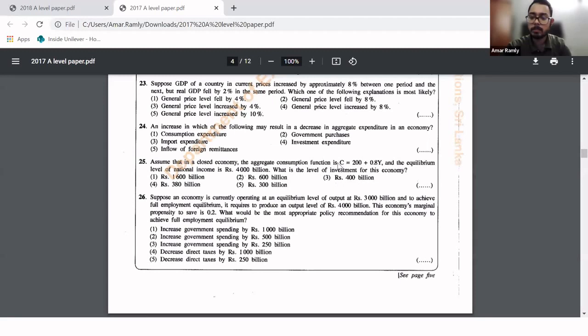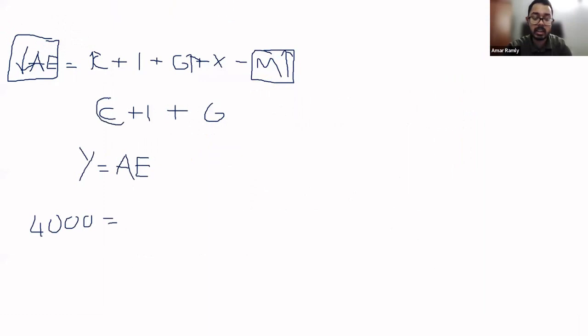C, but you can't write C because the capital C is here, this is the function. So substitute the function: instead of writing C, write 200 plus 0.8Y, plus I. Where you see Y here, we've been given the figure of Y, so substitute that: 0.8 into 4,000.